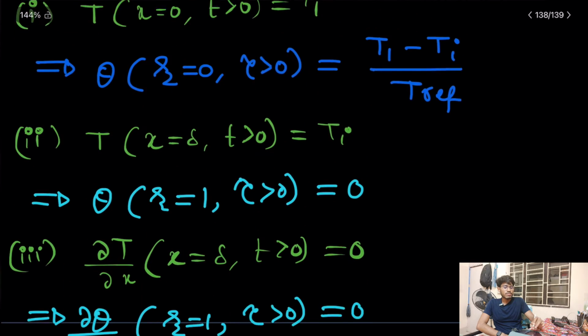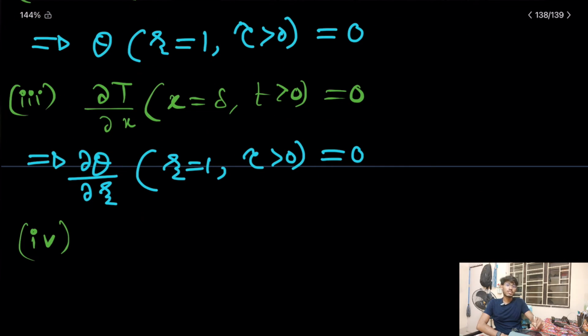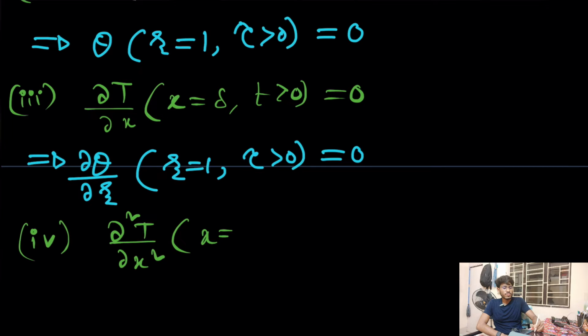What else? Now why am I writing more than 3 boundary conditions? You will get the answer to this in the next 5 minutes. So del 2 T del x2 at x equal to 0 and at t greater than 0 is equal to 0.